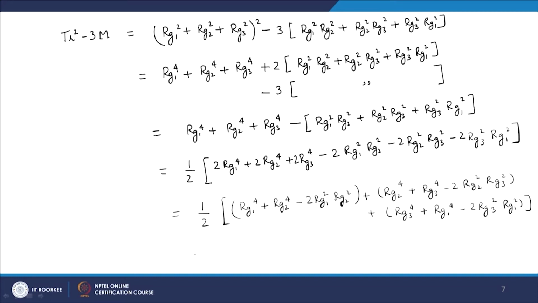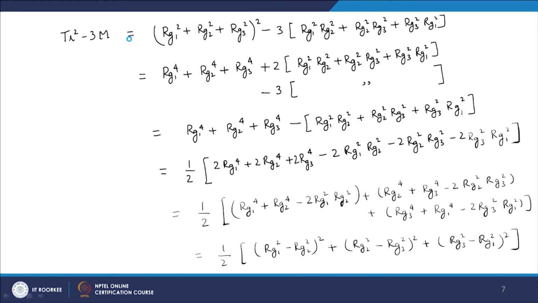And what this gives me is 1 by 2 of Rg1 square minus Rg2 square whole squared plus Rg2 square minus Rg3 square whole square plus Rg3 square minus Rg1 square whole square. Okay.